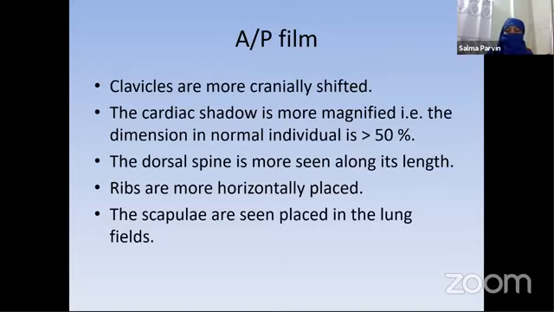So cardiac magnification is a normal phenomenon, and the dimension is more than 50% in an AP film.